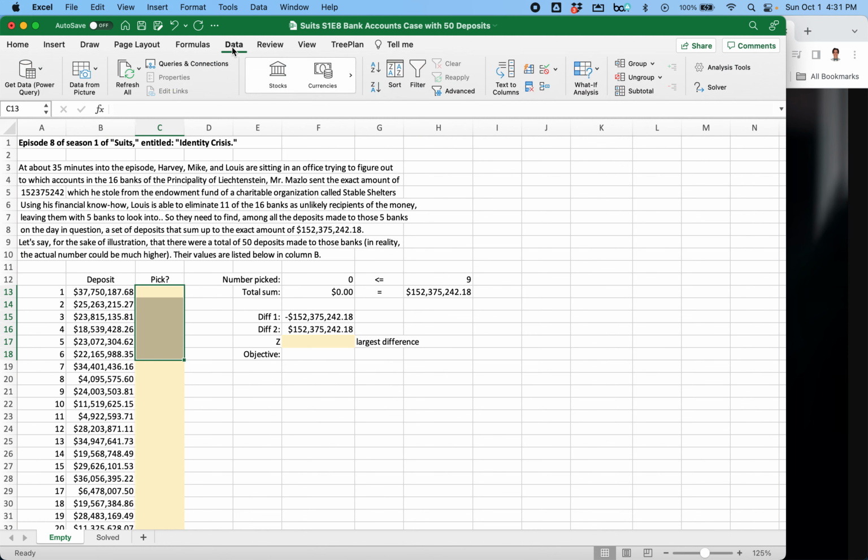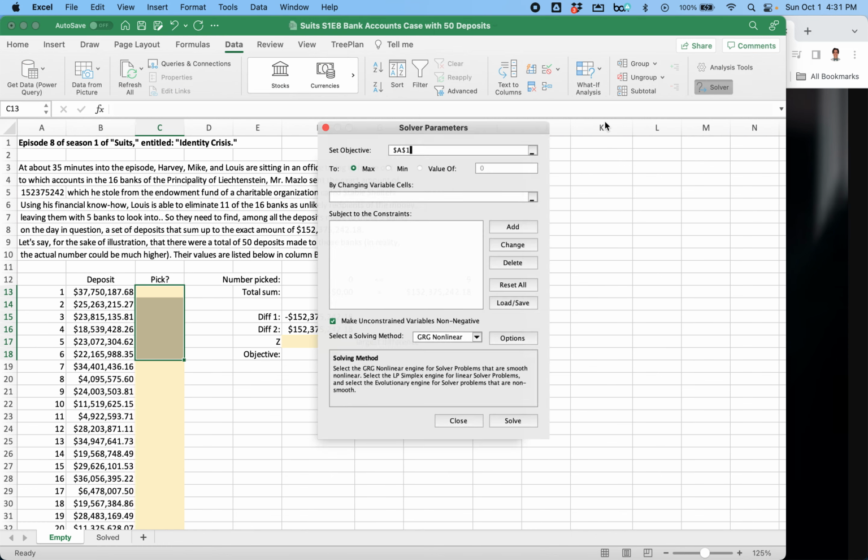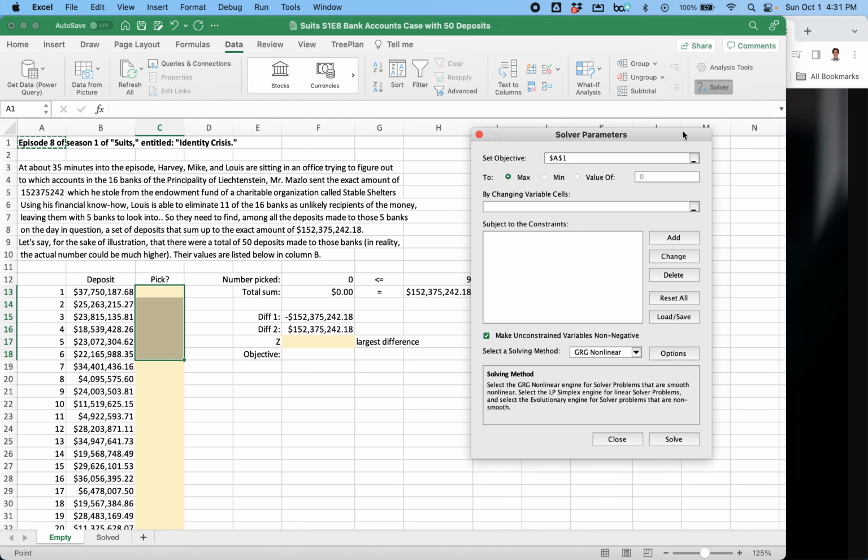I'll go into our solver friend and say, great. My objective is going to be, I want to push down this z, this amount, which is the largest of the two differences. I want that to be 0, because when I reach that point, I have matched the numbers. So I'm going to minimize that.